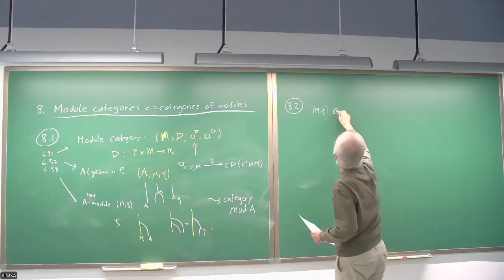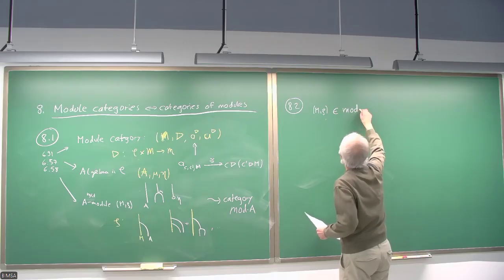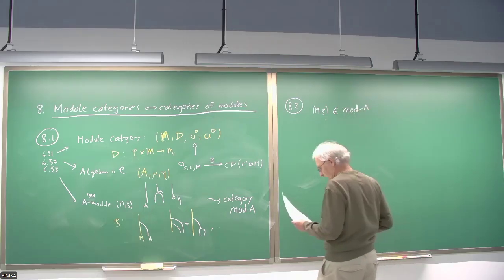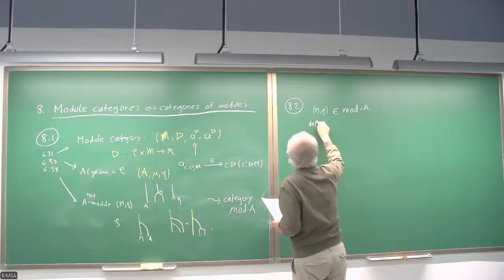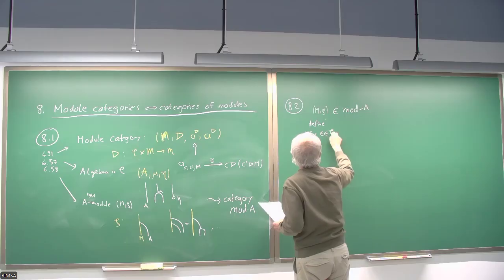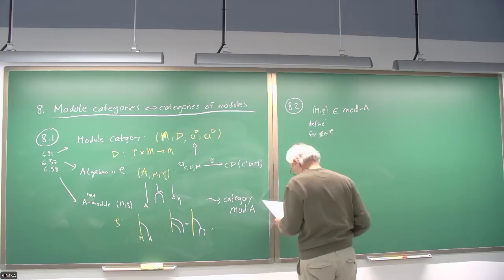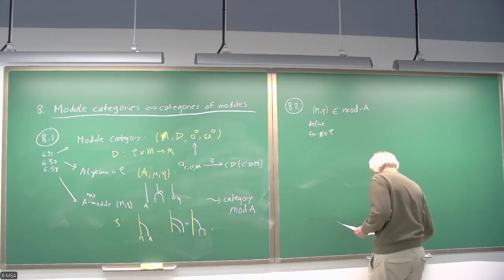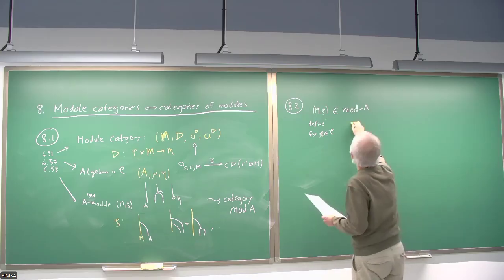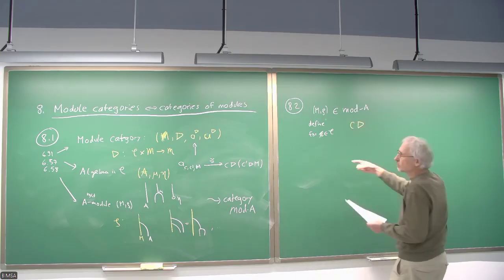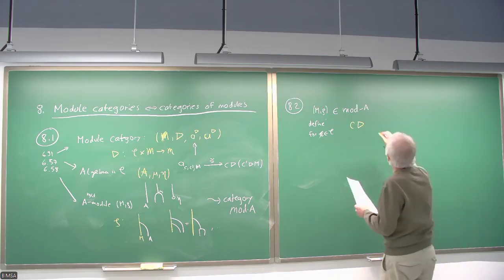So assume I have an object in this category, and then we define for an object C in the category a functor, such an action functor.